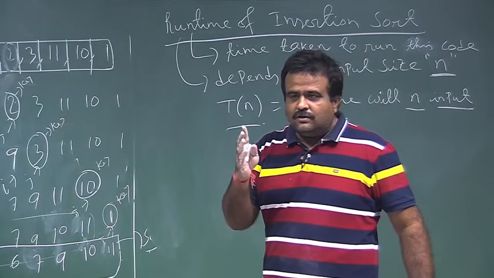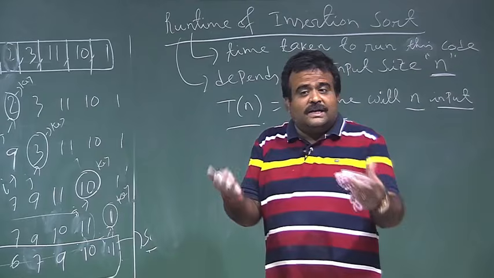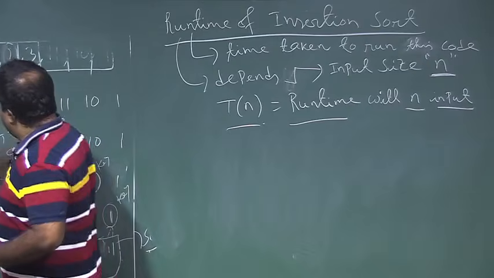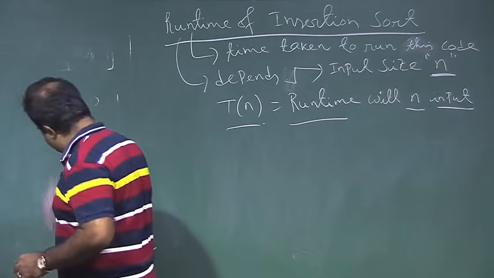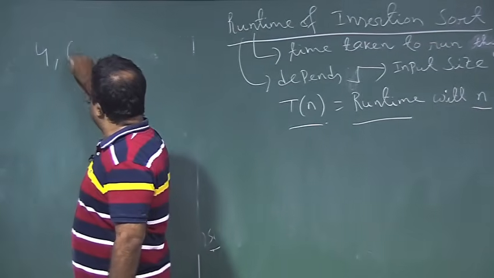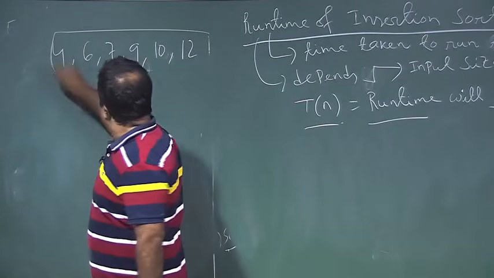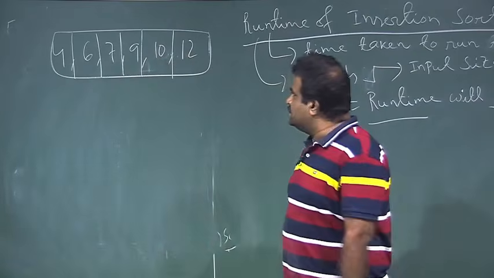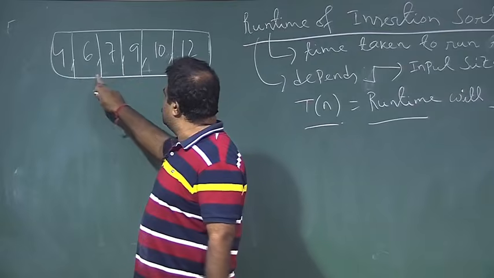If the input is sorted, then it will take less time. For example, if our input is 4, 6, 7, 9, 10, 12, which is an already sorted array, then if we run the insertion sort, we just compare this with this, stop, this with this, stop, like this.